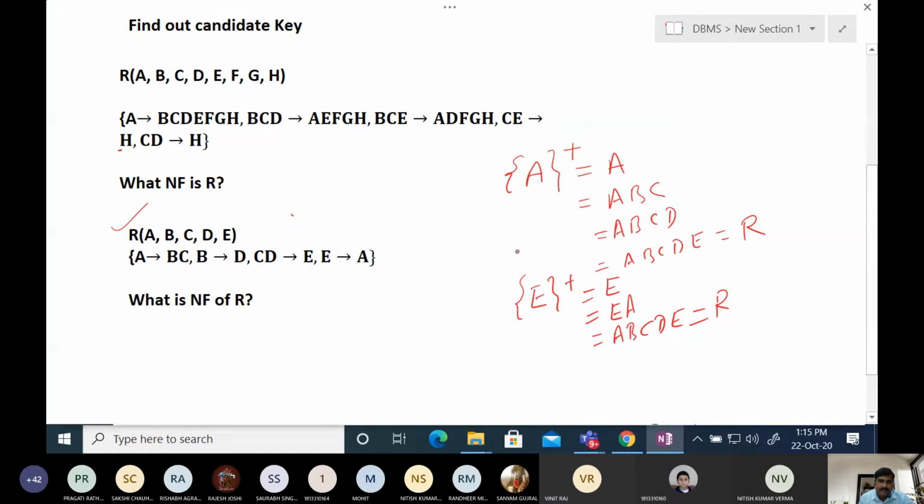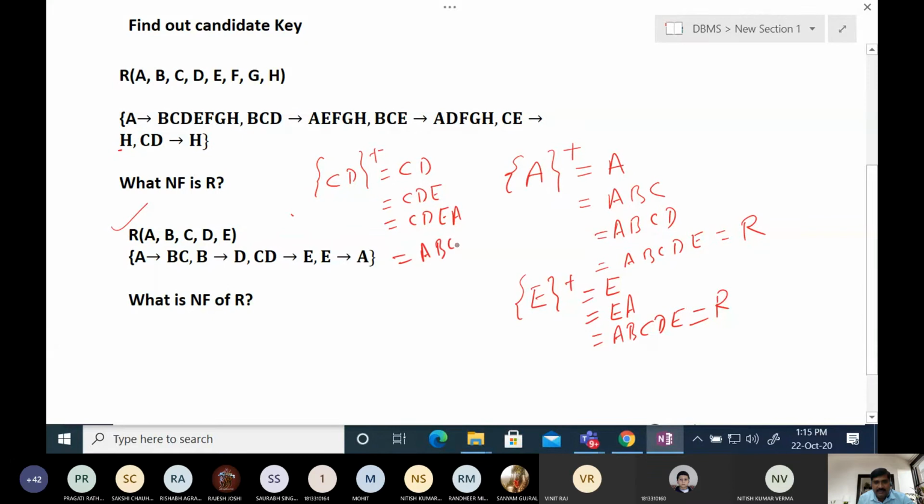CD. Let me find out the closure of CD. Through the reflexivity rule, we associate CD, and then with respect to this FD, CD determines E, we will associate E, and then we will associate A, and then with the help of A we determine all the attributes.